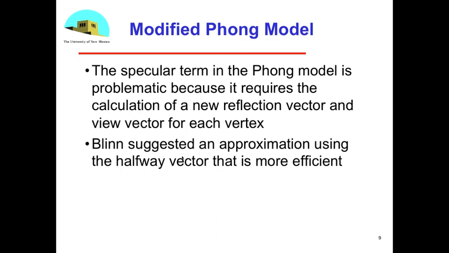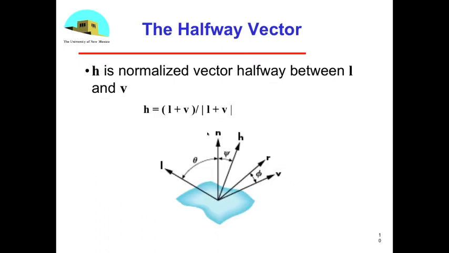So he said, let's use, instead of what we had for the specular term, let's define this vector h, which is halfway between the light source coming in and where the viewer is. So here's the viewer, here's L, here's the halfway vector, which defines a halfway angle, which is a little bit different than what you had here.